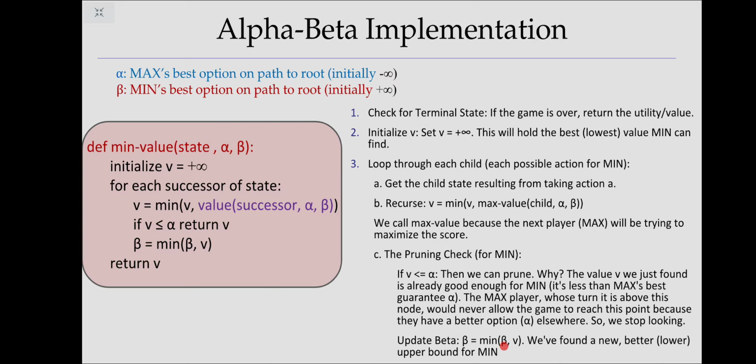But if v is less than beta, the min player is interested to update beta, so we update beta with v and continue the process. This is the implementation of alpha and beta pruning.